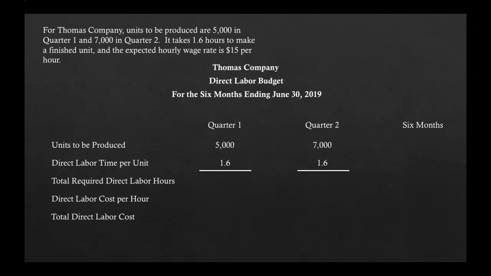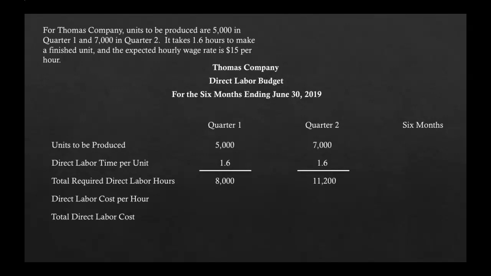So, if we multiply those together, we see that in quarter 1, we're going to need 8,000 direct labor hours. If we want to make 5,000 units and each unit's going to take 1.6 hours, that's 8,000 total hours.